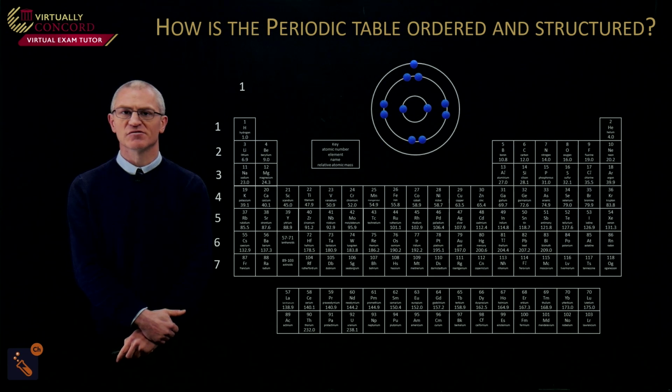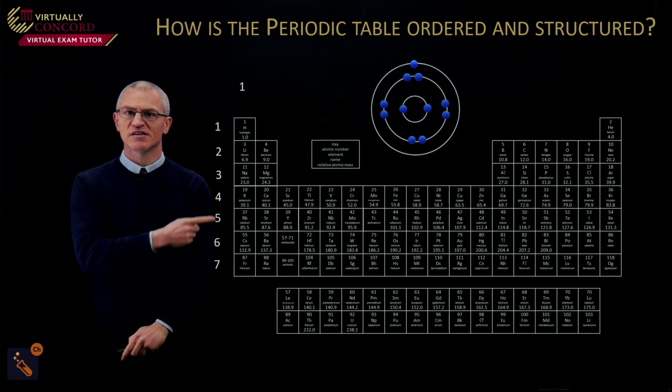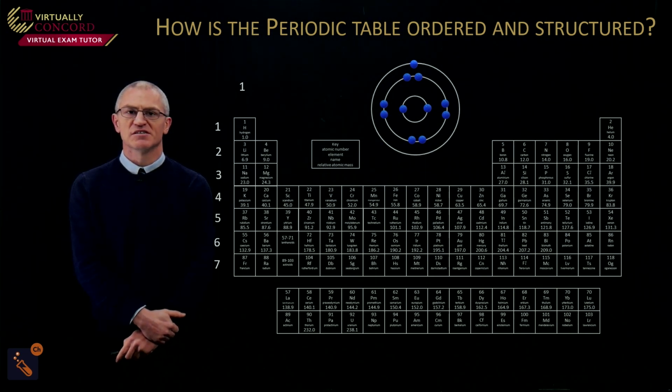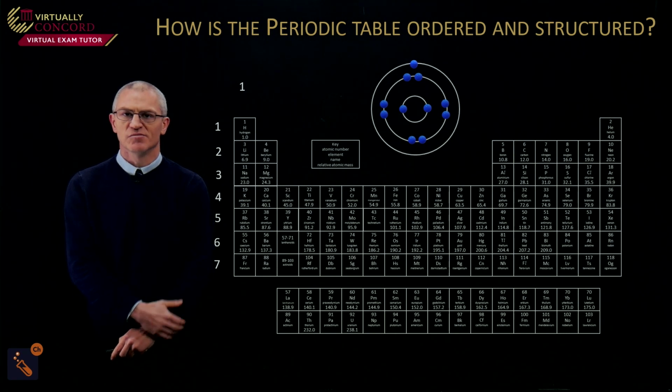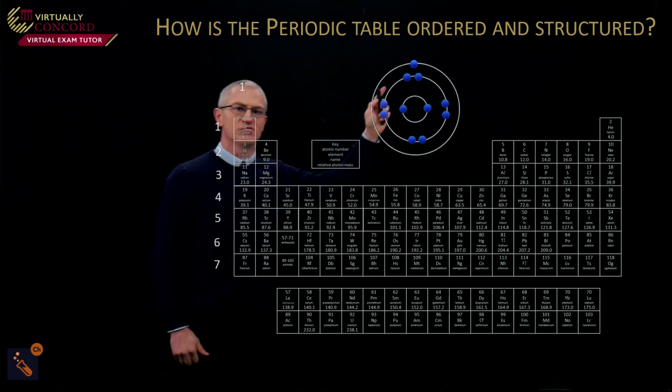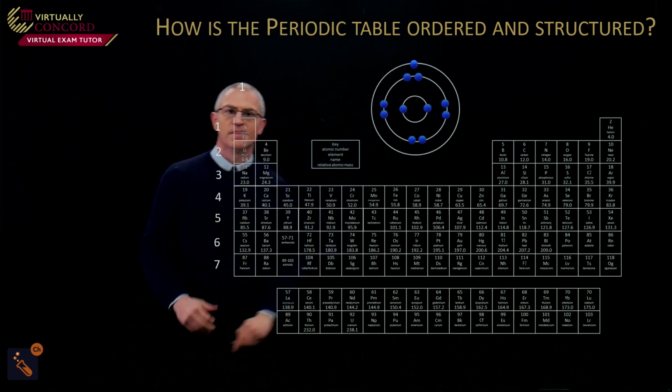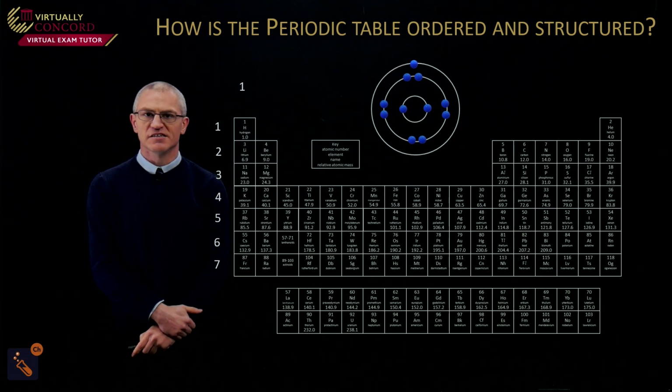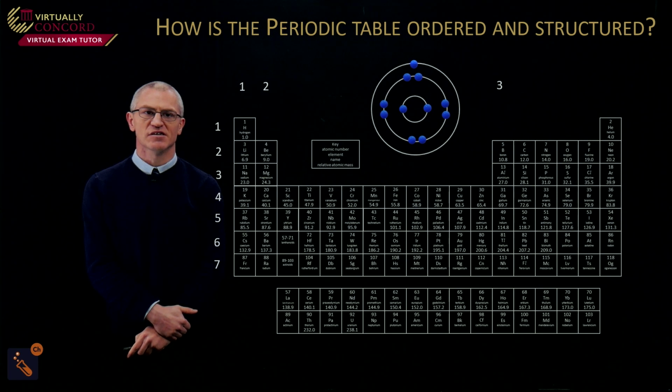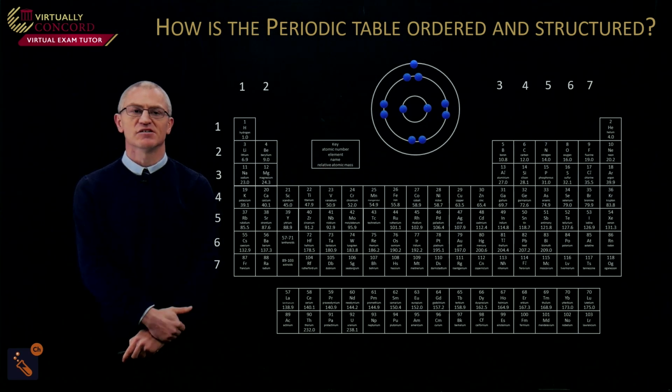Also, we have group numbers, and groups are normally where the properties align, okay, but at the same time it's also where the number of outer electrons is stated. So 1 electron is in the outer shell for group 1, and sodium is in group 1. You see that 1 outer electron, okay, and then we've got 2 electrons in group 2, 3 electrons in the outer shell, group 3, group 4, group 5, group 6, group 7, also known as the valence electron, which is the outer shell electron.